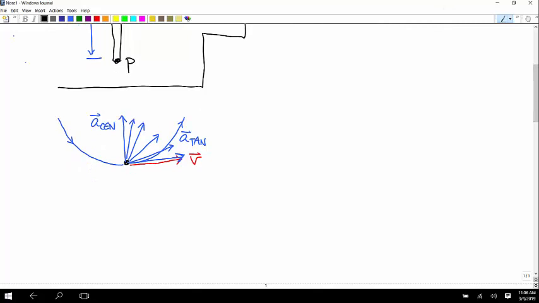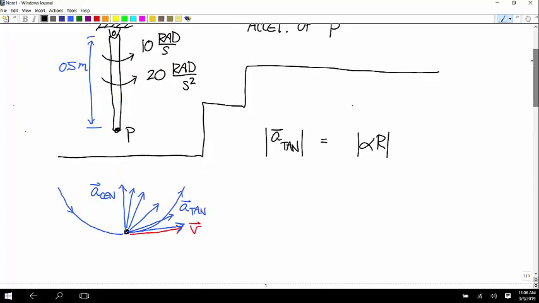Okay, so the tangential acceleration magnitude is angular velocity. No, it's not. Angular acceleration times the radius. And that radius r.